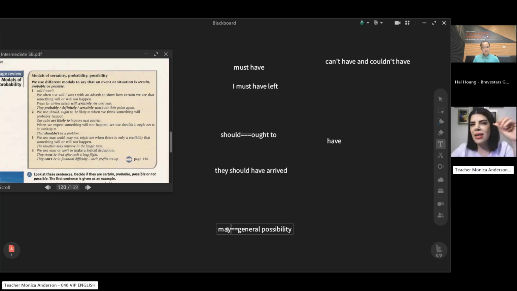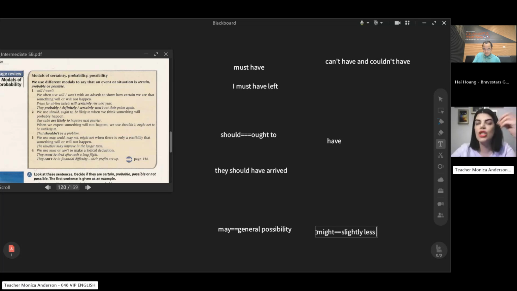It's actually similar to may, but slightly less certain. When I say may, the degree is higher, so it's more possible. When I say might, maybe a little less. But of course, you can use both of them.